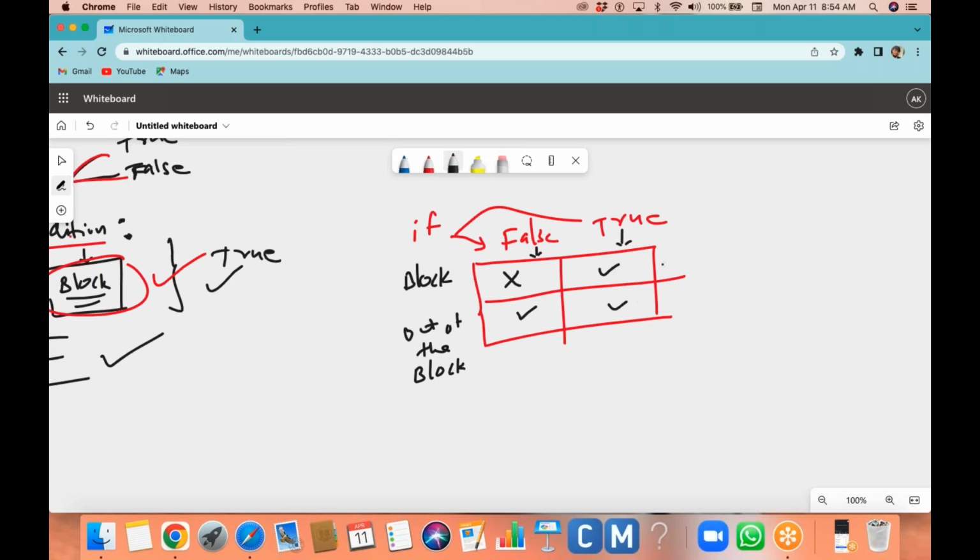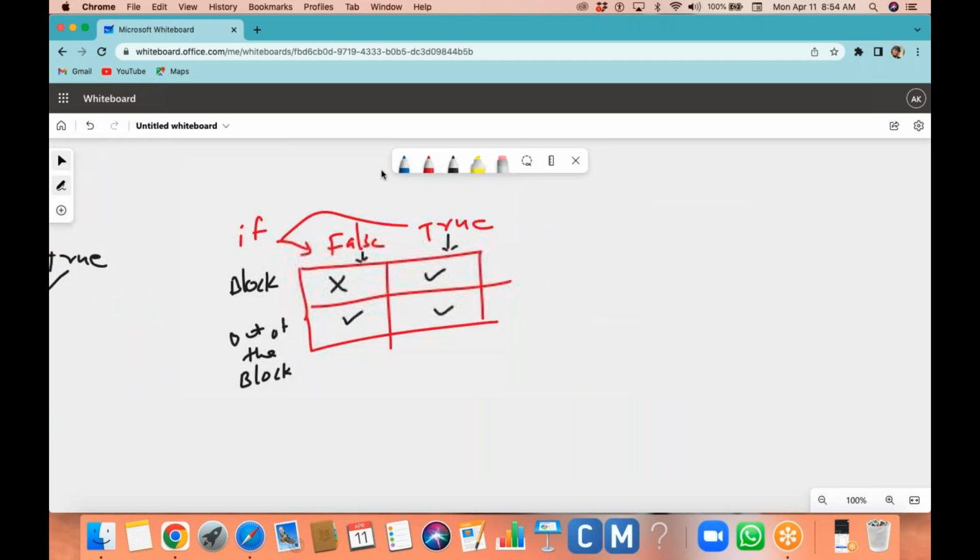I hope you understand now, right? Let's go for the syntax in the Python programming language, or else I can write a flowchart. Let me consider the program. It starts execution from statement one.